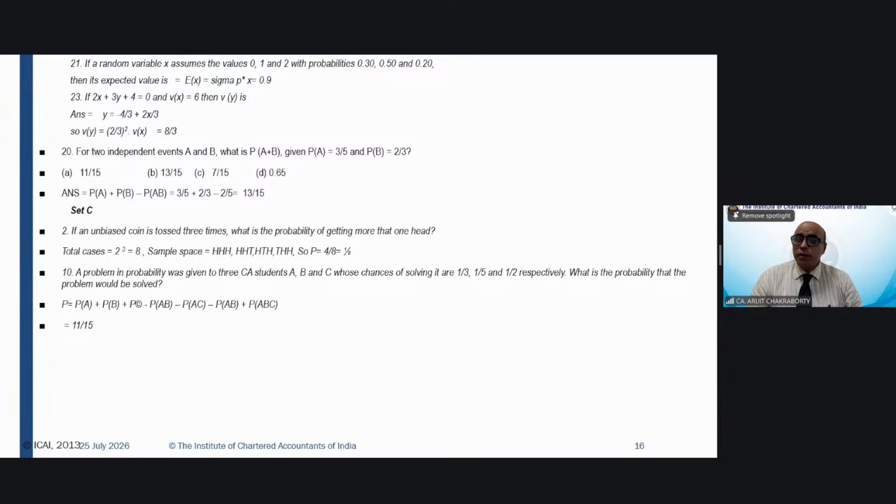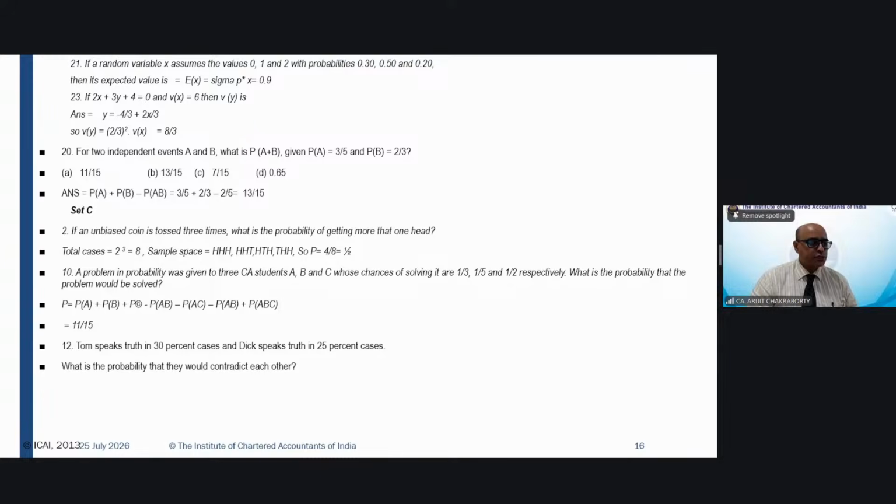So this formula you might be knowing: P(A union B union C) is equal to P(A) plus P(B) plus P(C) minus P(AB) minus P(AC) minus P(BC) plus P(ABC). So you can easily see it from the Venn diagram. And therefore, what you see here is the answer comes to 11 by 15 if you just apply the formula.